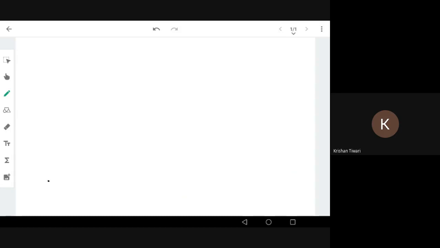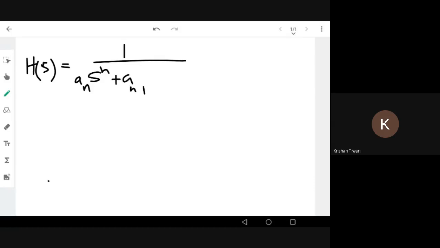Say we have a transfer function H of s, 1 over a_n s raised to n plus a_(n-1) s raised to n minus 1, etc., till the constant a_0, right?